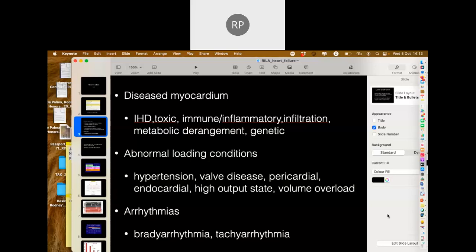potential reversible causes. Obviously, the most common etiology of heart failure in general, whether it's preserved or reduced, is ischemic heart disease, IHD.